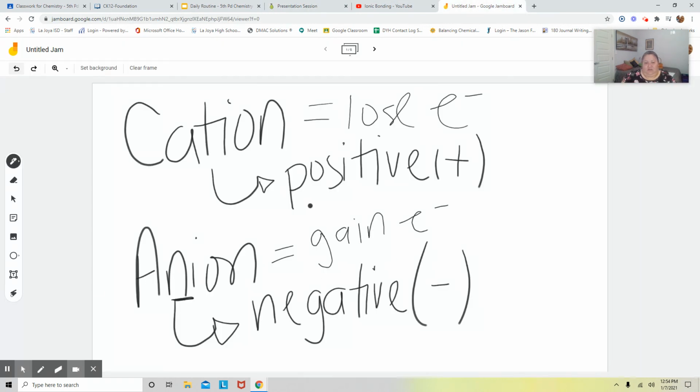What does it say here? You're telling me it gained. I said yes. Okay, so what's the correct answer? Symbol and charge. I want to see the correct one. That is it. That's what I was looking for. Very good. Cl -1. Very, very good.